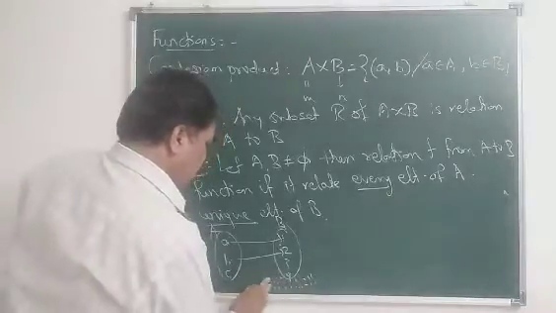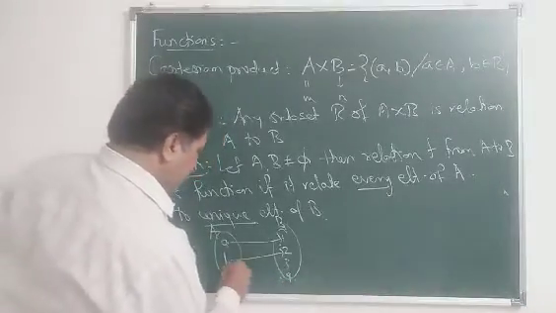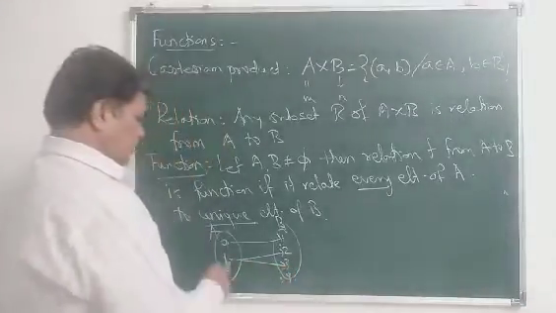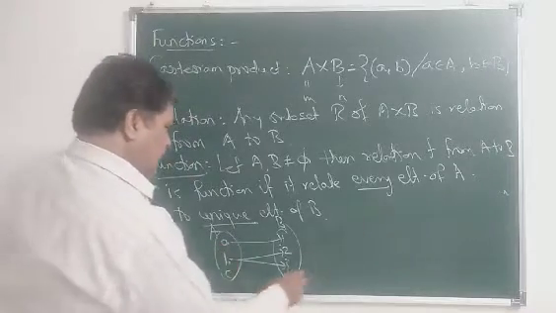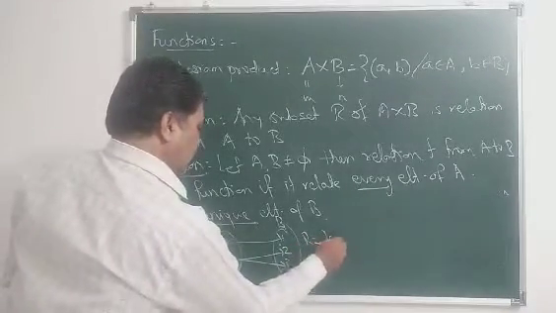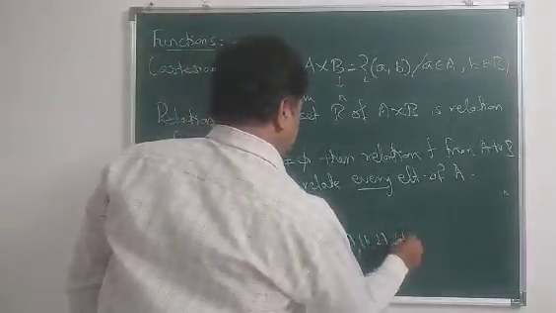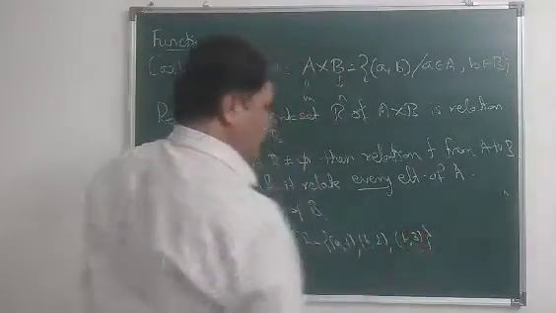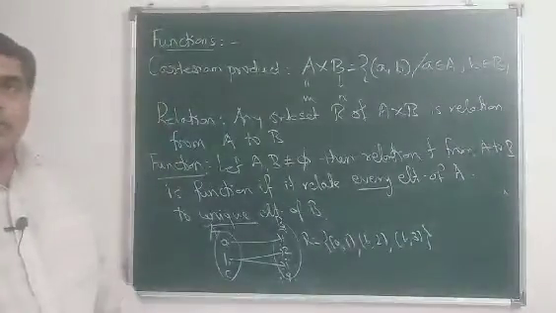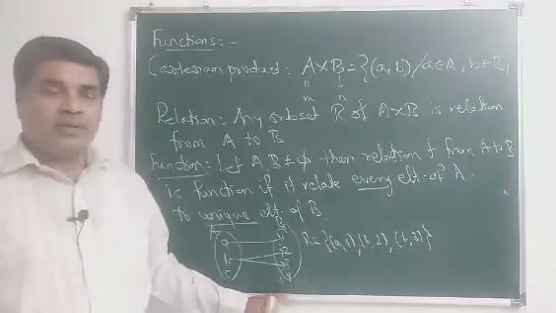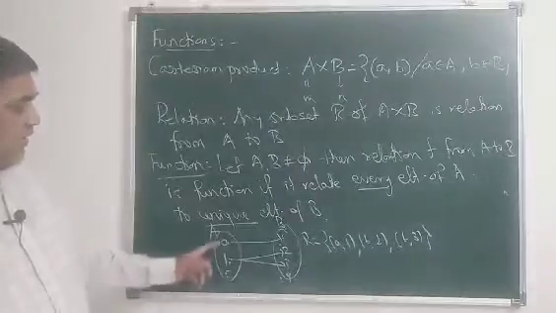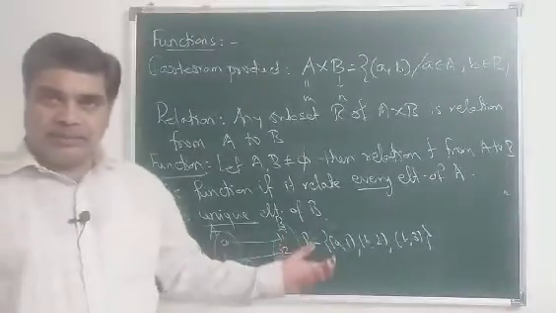Now, if I take another one, say R is equal to (A,1), (B,2), (B,3). This is also a subset of A cross B. It relates A to 1, A has only one image.